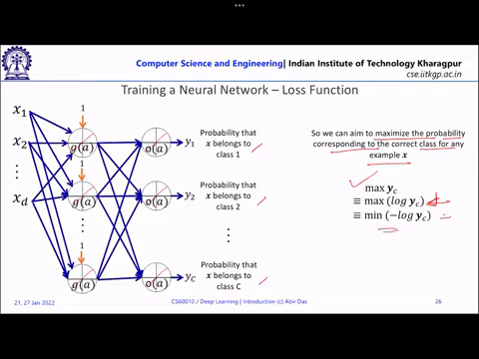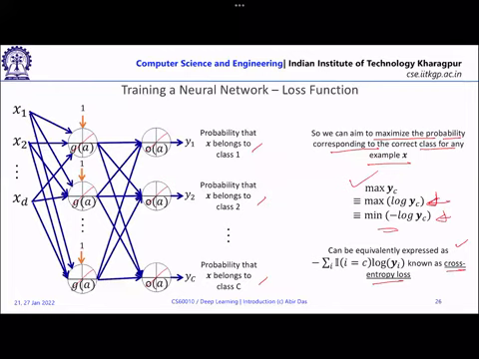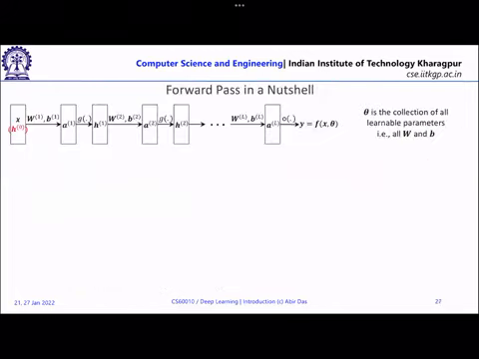So that is what we will do, and this can be equivalently expressed as what is known as the cross entropy loss. In literature it is called cross entropy loss. This comes from the information theory literature. We'll not go into that.